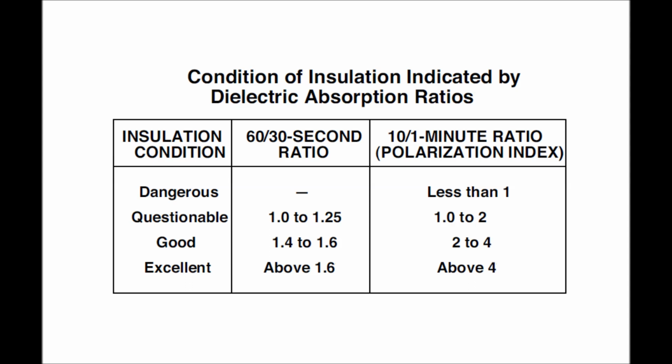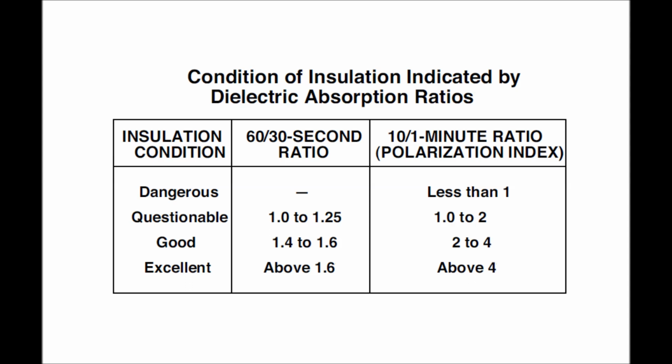If the value of the DAR, that is the insulation resistance measured at 60 seconds divided by that measured at 30 seconds, is within 1 to 1.25, then the insulation is questionable.